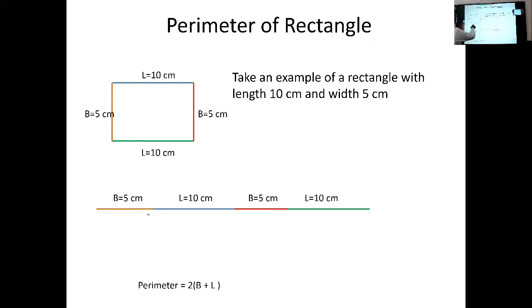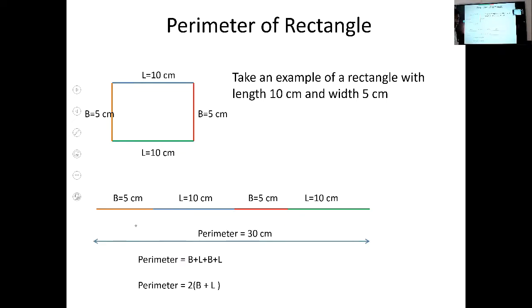First, we'll take the breadth of 5 centimeters in yellow, then the length in blue, then the breadth of 5 centimeters, and then again the length in green. If I arrange all these lines in a straight line, one after another, the total is 30 centimeters, and this is known as the perimeter of the rectangle.